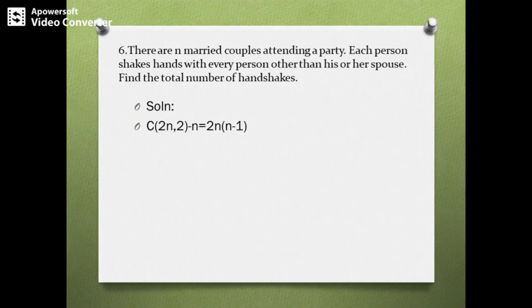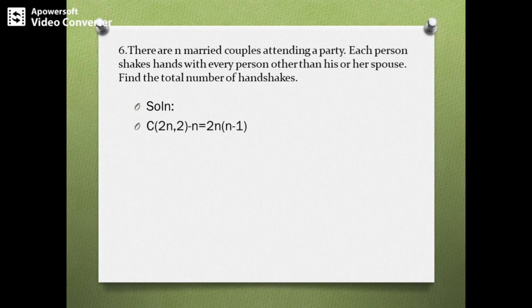So the next question is: there are n married couples who are attending the party, and each person shakes hands with every person other than his or her spouse. So we're supposed to find the number of handshakes. So a handshake is possible with 2. If the number of persons attending the party is 2n, why am I considering 2n? Because it includes both husband and wife.